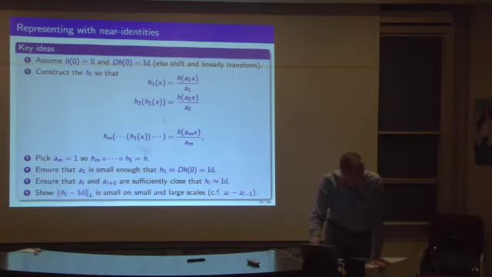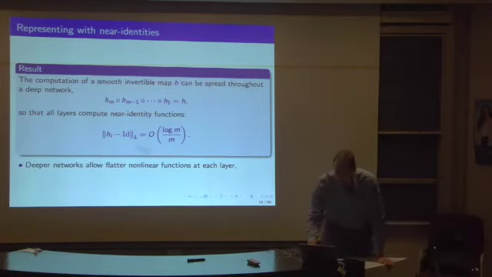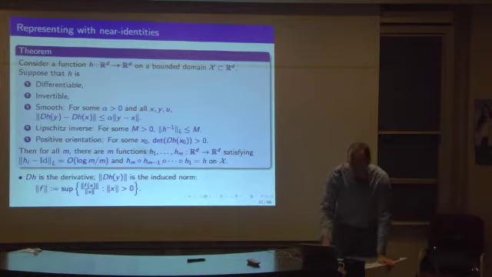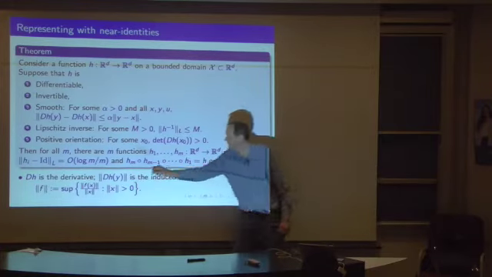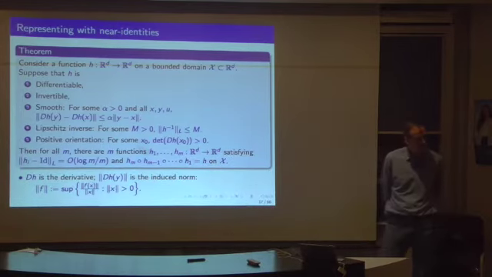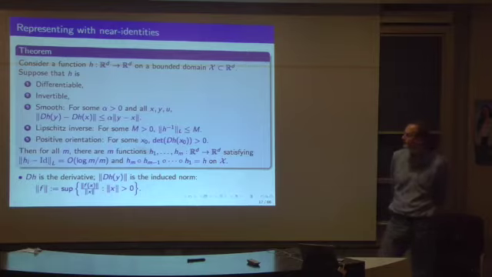So the theorem is you're representing h exactly with a composition of these m maps, in a bounded domain. So there's a sense in which you're just approximating around every point. h_1 is approximating around 0.